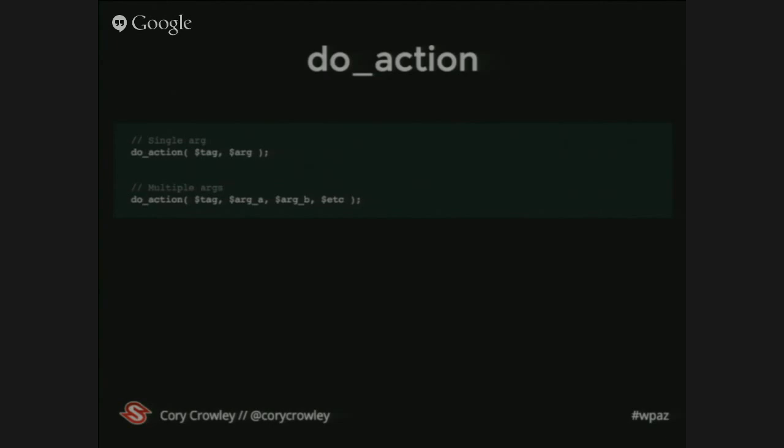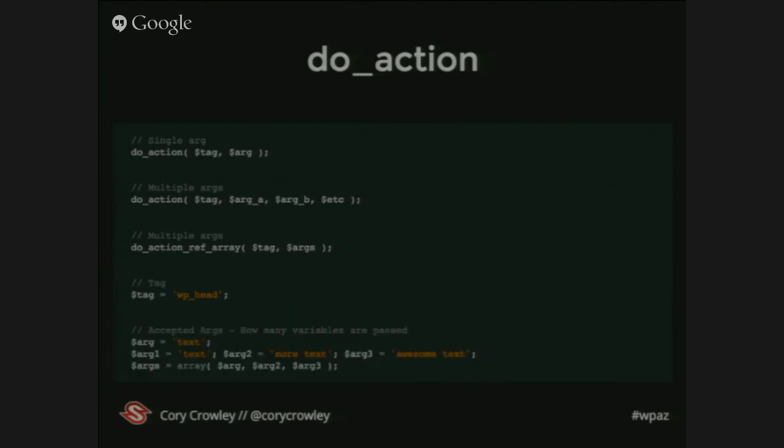So you can do a single argument, you can do multiple, or there's one more function that relates to do_action. It's called do_action_ref_array, which allows you to pass in arguments as an array instead of just individual ones. So the tag would be like wp_head or wp_enqueue_scripts, and then the accepted arguments can take 1 or many, or if you use do_action_ref_array, it can accept an array of arguments or an object.